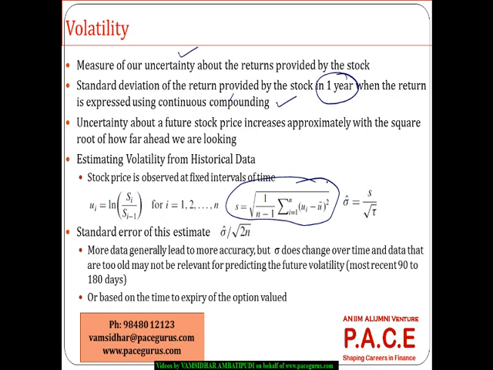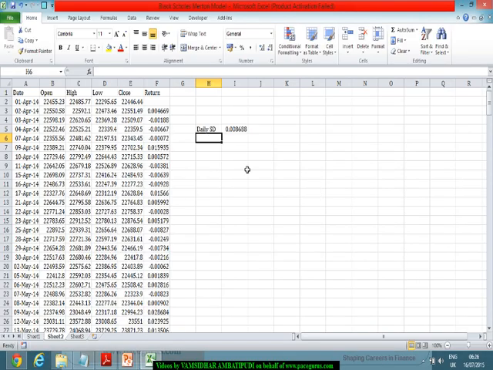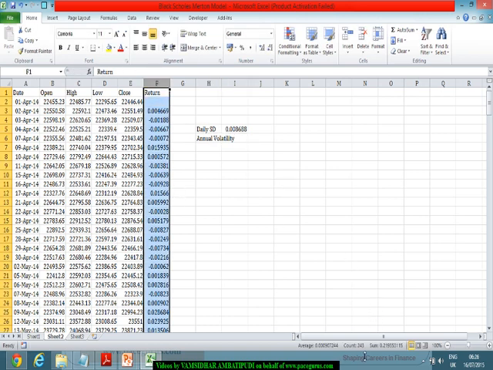Now I have the daily standard deviation. And we are also looking at the annual volatility, for which I really need to find out how many days we have taken, 243 days.